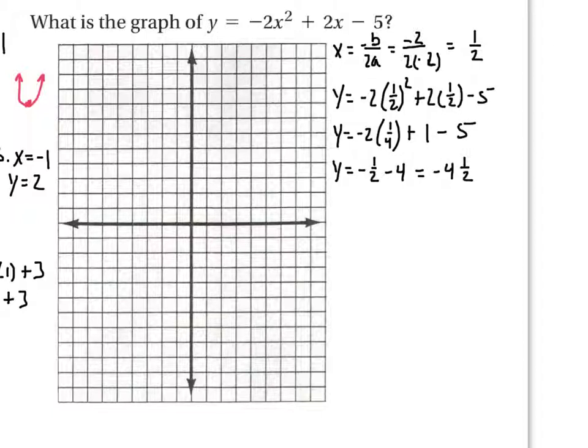I am okay with a mixed number here because the only time I'm using that is for a coordinate. I'm not plugging y back into an equation. I'm not going to be multiplying by negative 4.5. All I'm doing is using that for a coordinate. That is the y coordinate of our vertex.